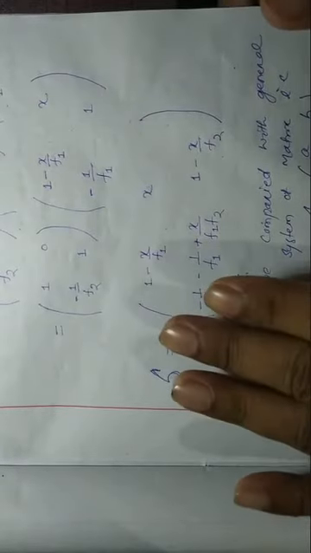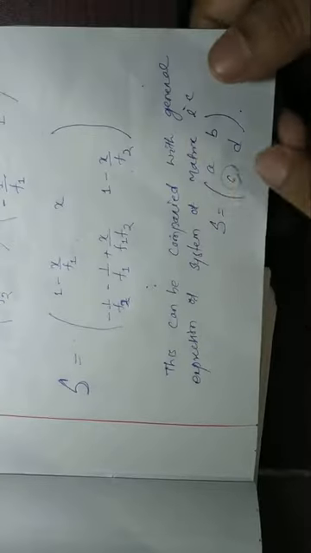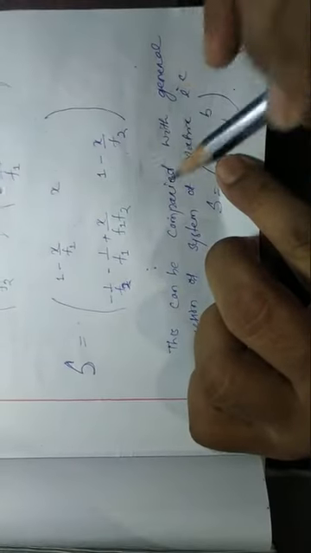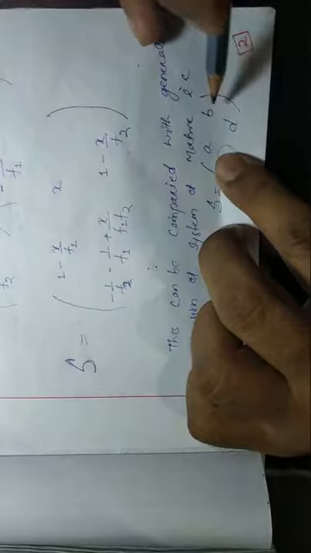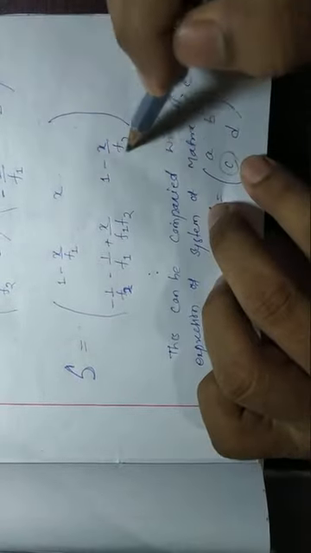Now for the combination of two lenses we found the system matrix. If I compare this system matrix with the generalized ABCD form, then A will be 1 minus x by f1, B is equal to x, C is equal to this much, D is equal to this much.